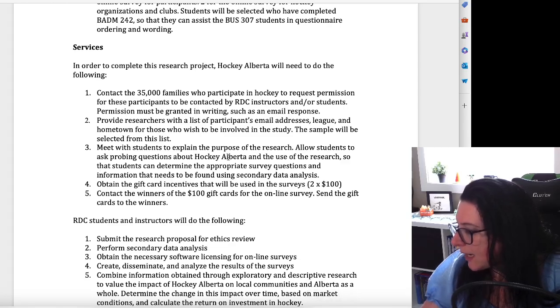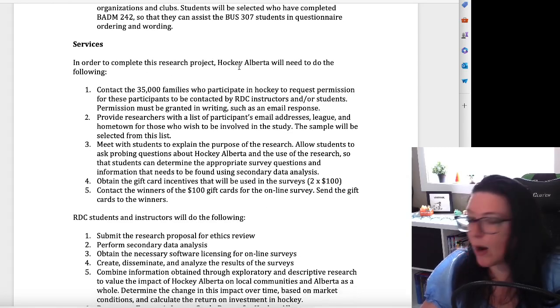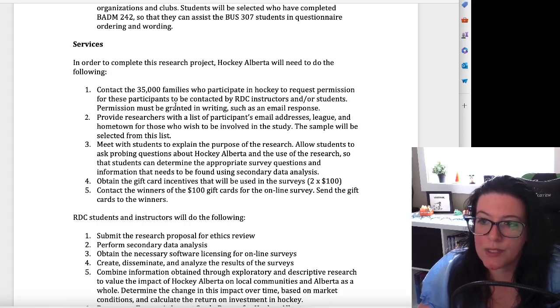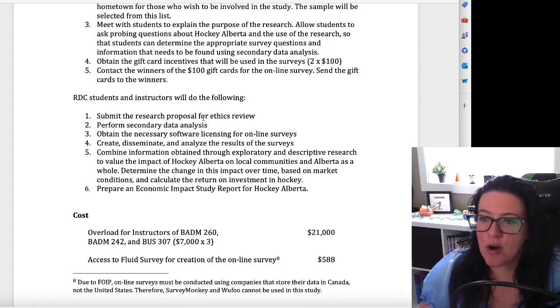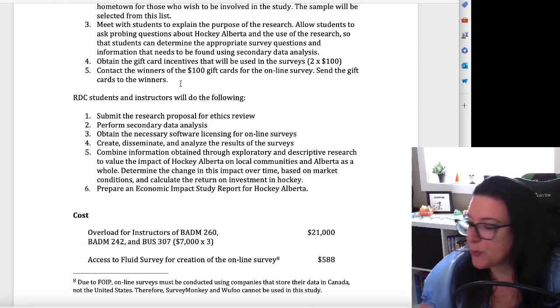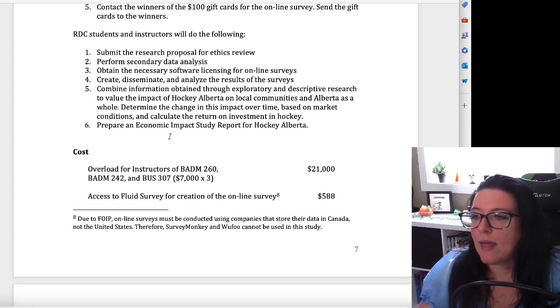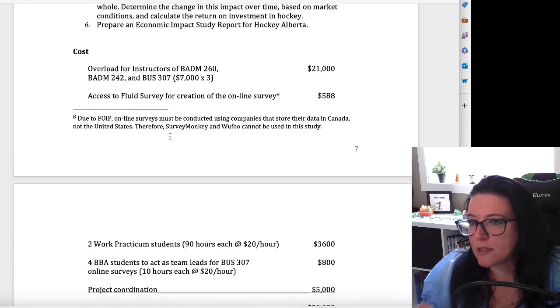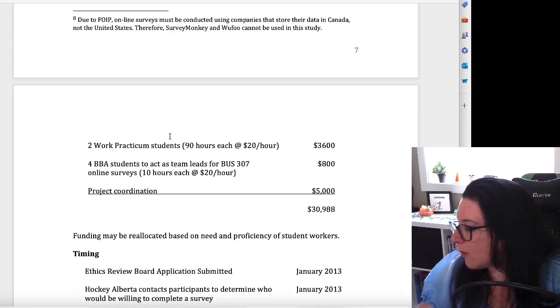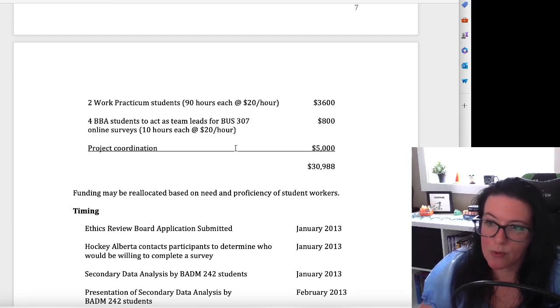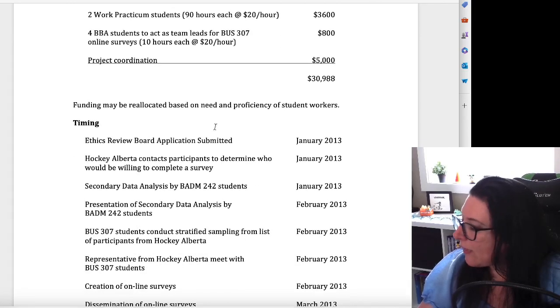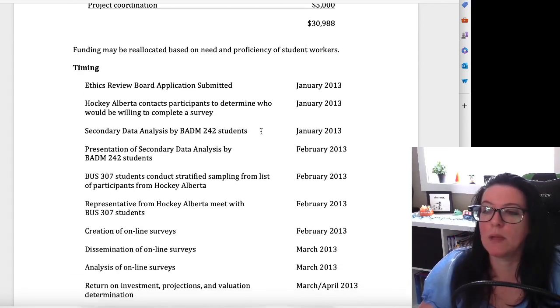So in this case, what you see is that Hockey Alberta, the company that's hiring the researchers, will do these pieces here. The students and instructors who are doing the research will do these pieces here. And then here are some costs associated with the project itself. So we're paying our practicum students, we have coordination fees, and then the piece we see here is the timeline.